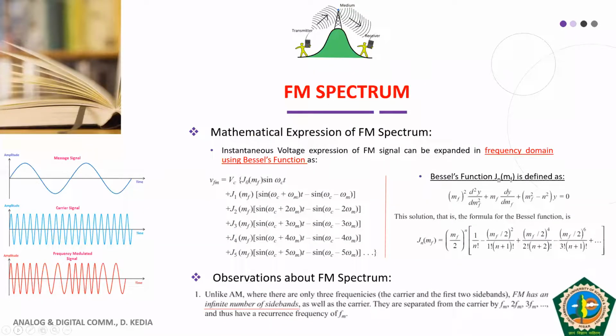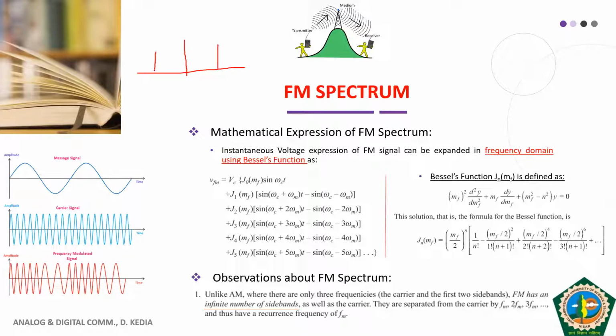So next thing, dear students, is related to our FM spectrum. If you remember, we had discussed the AM spectrum, and the AM spectrum was very simple to understand. We had seen that in case of AM, only 3 frequencies were present.